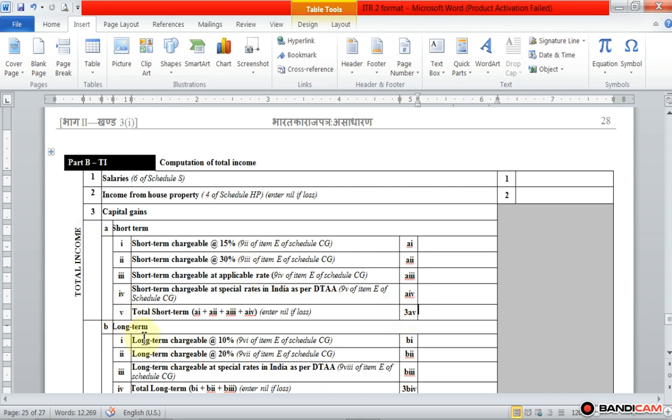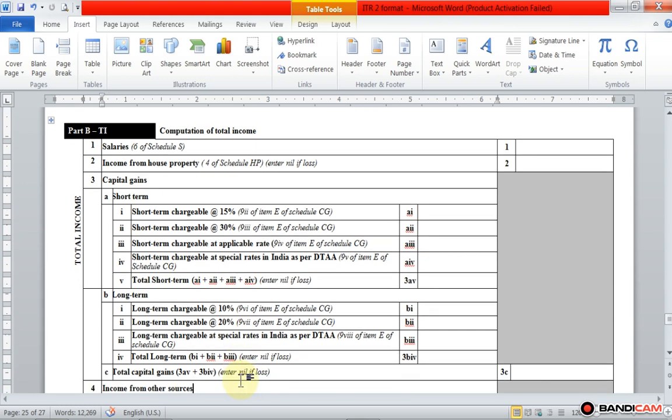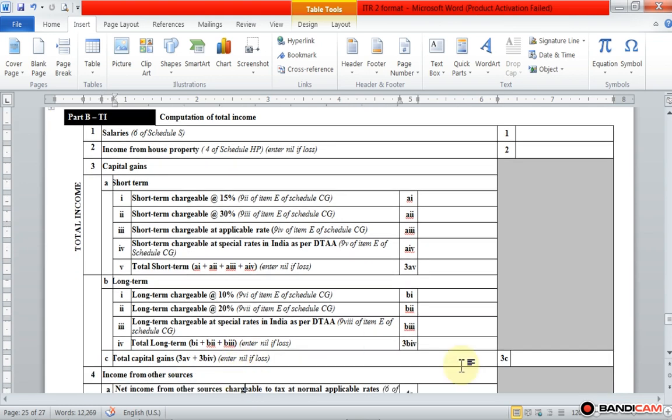The next point is long-term capital gain. Long-term capital gain is the same but the rate is different. That is long-term chargeable at 10%, long-term chargeable at 20%, and the column number is given. We just put the figures here and compute the 10%. Then long-term chargeable at special rate in India as per DTAA, and then we make the total of these three columns and put the total in front of 3B4.